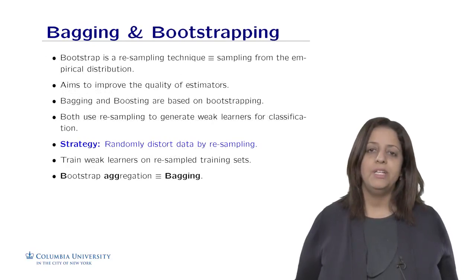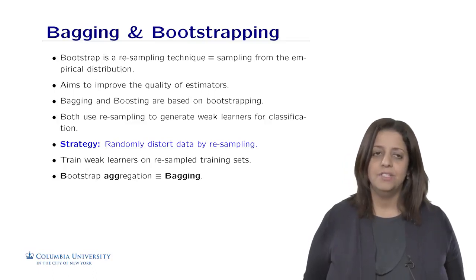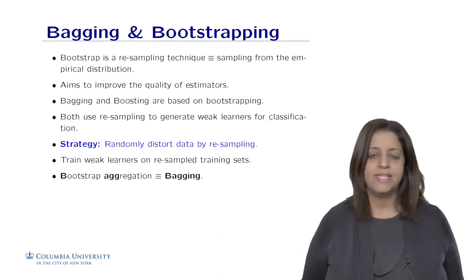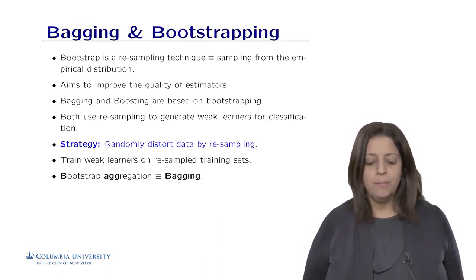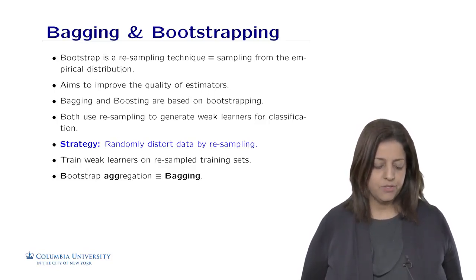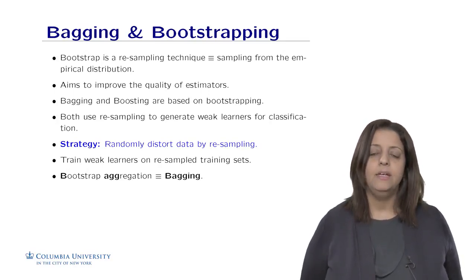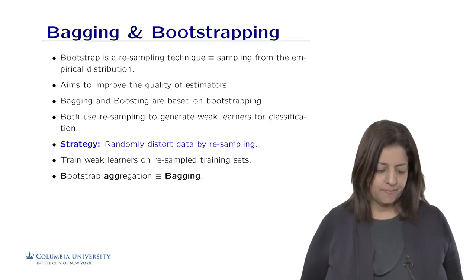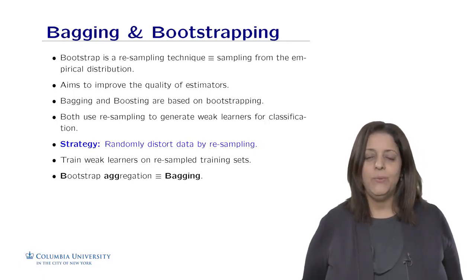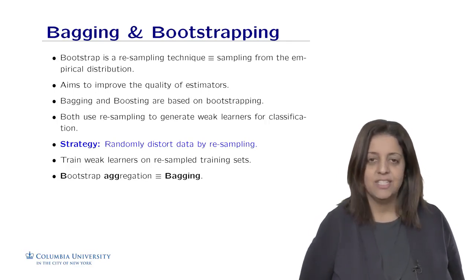F average is 1 divided by B, the number of samples, times the sum of the functions f_b at x. I'm leaving the details for the machine learning course. Bagging stands for bootstrap aggregation, and it works as follows.